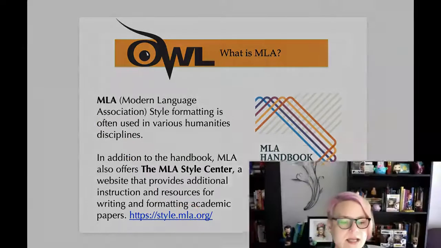So if you're taking something like a history class, they typically lean towards APA, or American Psychological Association, guidelines or Chicago style. These are all just ways that in academic writing, we can ensure that we are giving credit for other people's words and ideas.